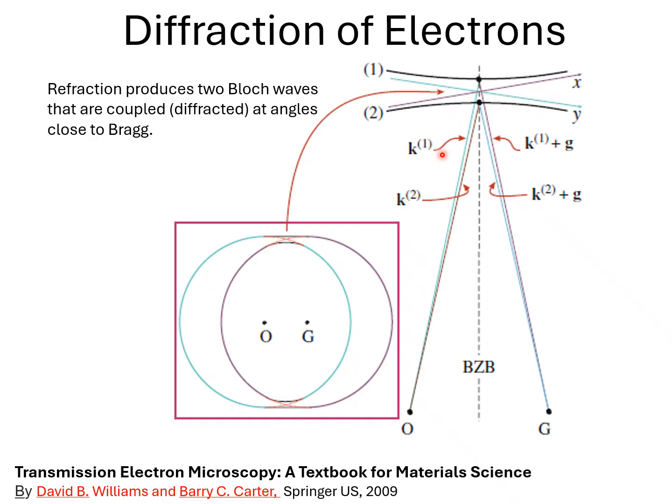We've got the direct, refracted Bloch wave 1, refracted Bloch wave 2 in the direct beam, and then the same, but with this deviation from the diffraction condition, the diffracting vector G in the diffracted case, which are then summed up, superimposed to give the diffracted intensity.